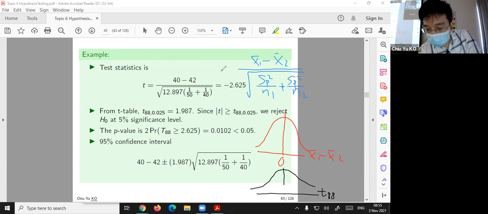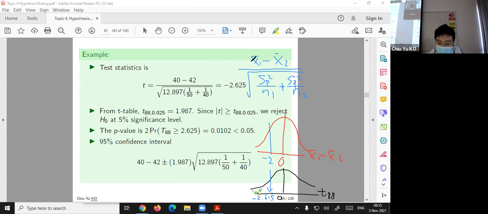This is 0, and your data is here, -2, and you go down all the way to the t, it's -2.625, okay? So the first question is to calculate the p-value.